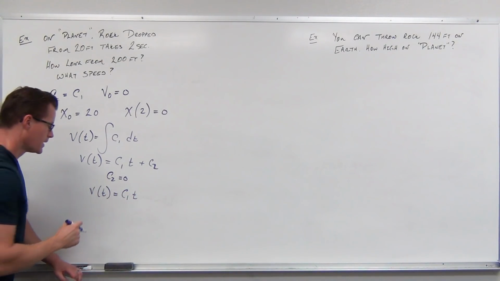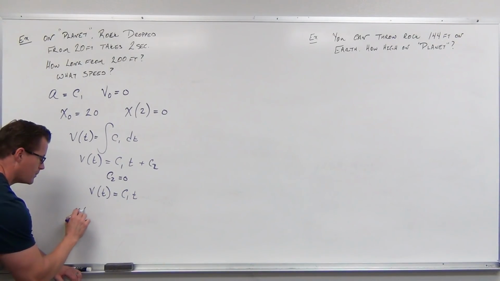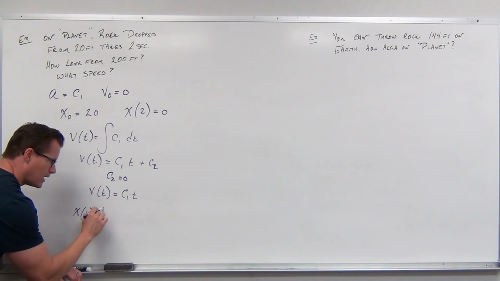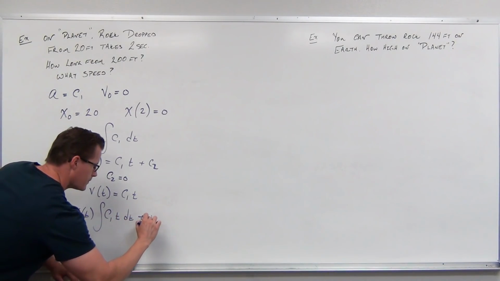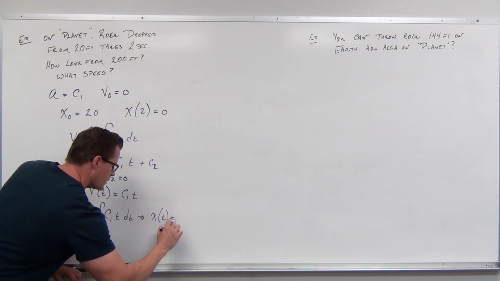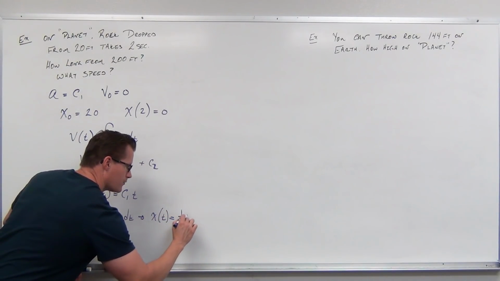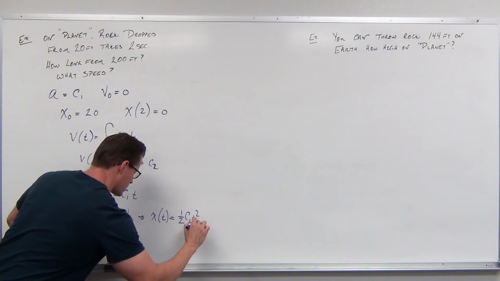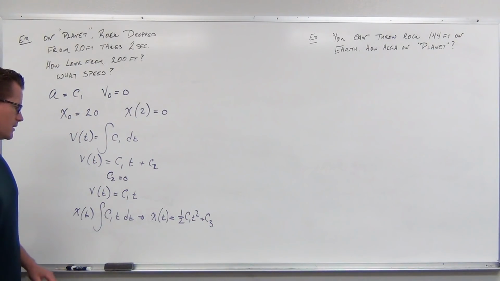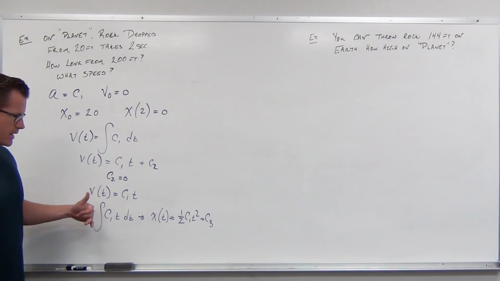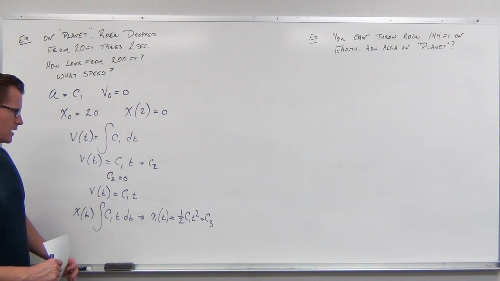That's pretty easy. Now let's find our position. A position function is always an integral of velocity. So that's going to give us 1/2 C sub 1 t squared plus C sub 3. I've already used up C sub 2, I can't use that again. So add 1 to the exponent, divide, and then add your other constant.